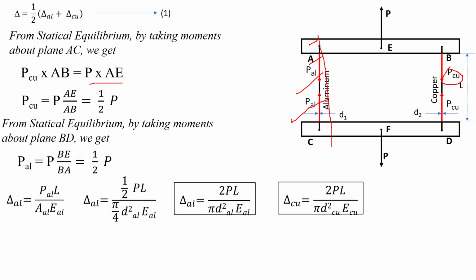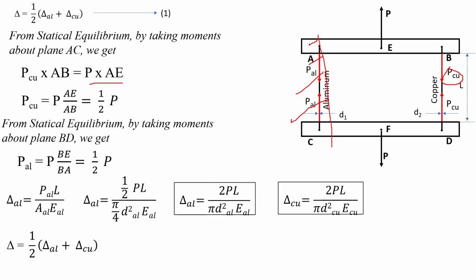Similarly, we will get delta CU, that is the deformation in the copper wire, equal to 2PL by pi dCU square into ECU. So we know the relationship between the deformation of the aluminum, the deformation of the copper, and the deformation of the rigid bar, that is delta equal to the average of the deformations of aluminum and copper wire.